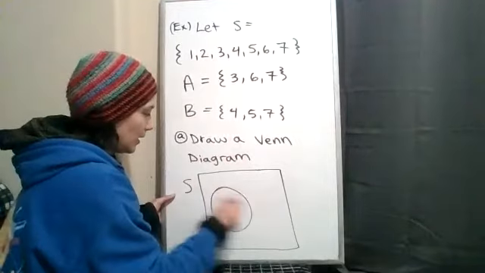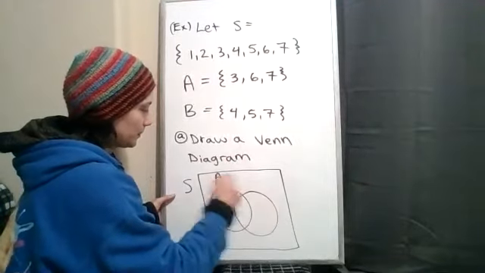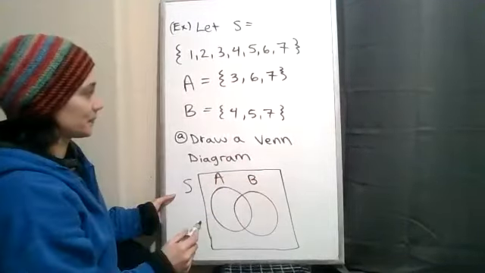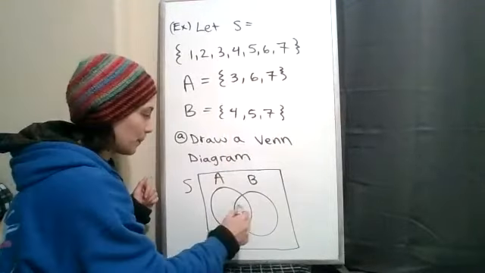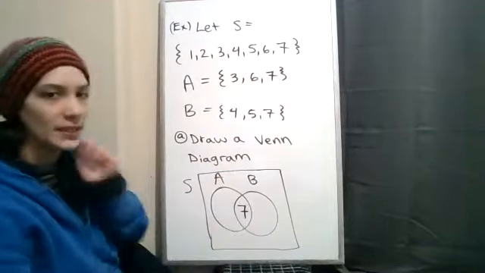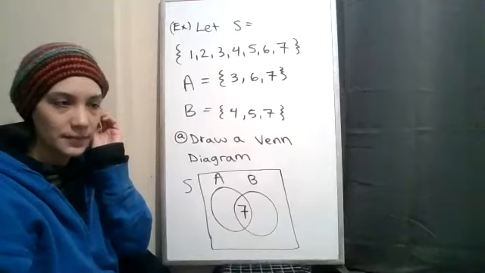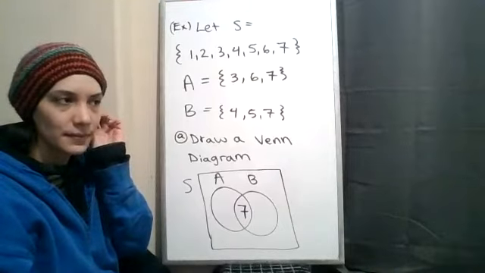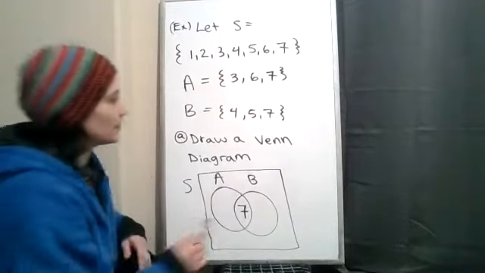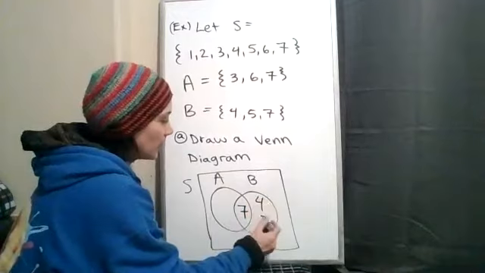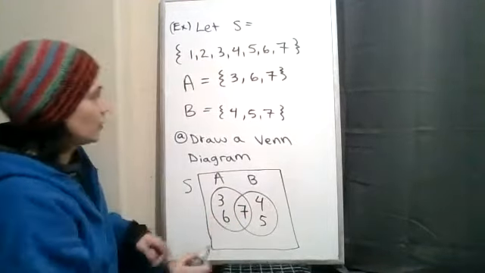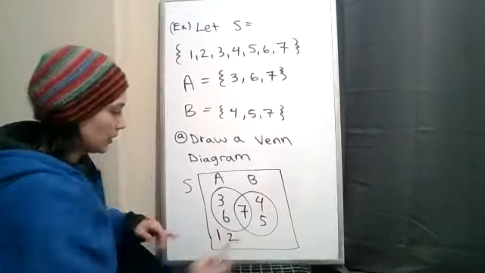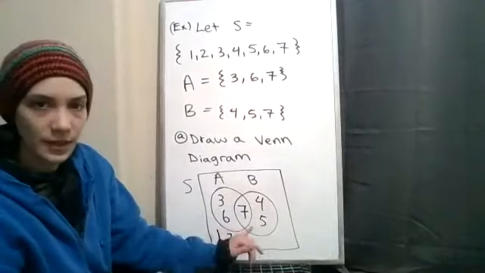Sets A and B both share the number 7, which means they are not disjoint. Moving on, 4, 5, and 3, 6. We need 1, 2, 3, 4, 5, 6, 7.